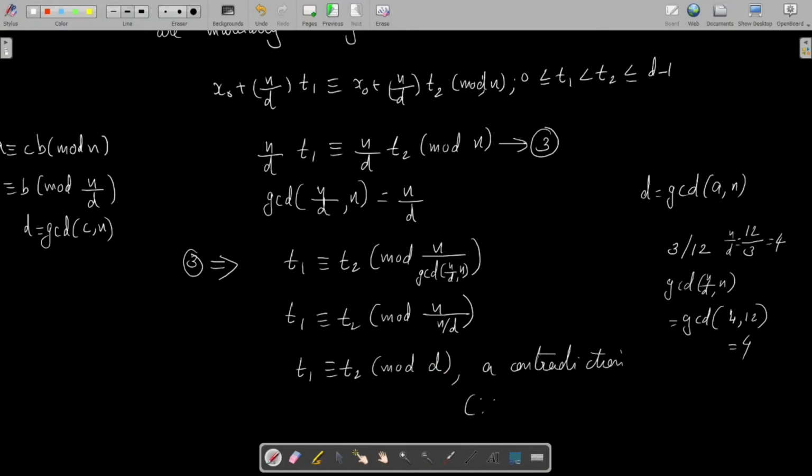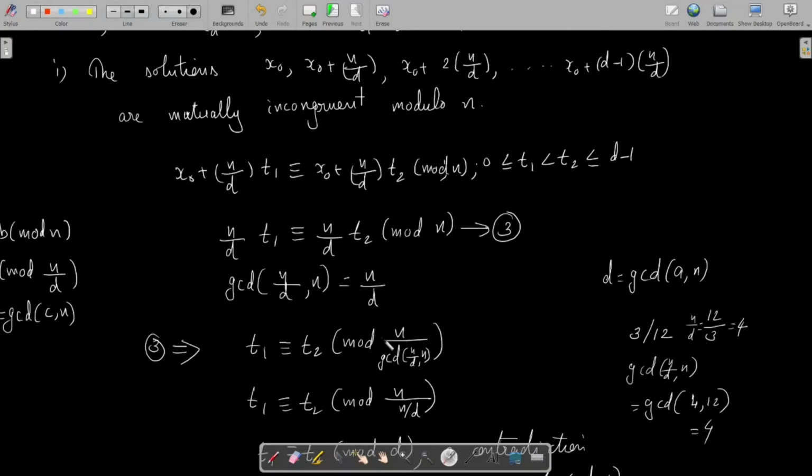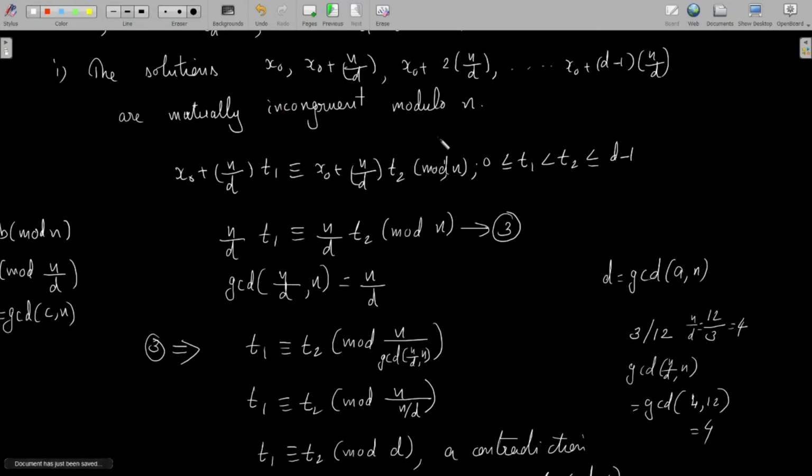The reason is 0 less than or equal to t1 less than t2 less than or equal to d minus 1. Hence, if we choose two solutions from this list and assume that the two solutions are congruent mod n, that will lead to a contradiction. So you may conclude that all the d solutions in this list are incongruent modulo n.